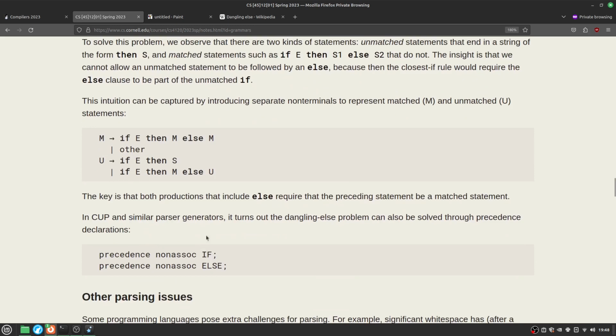The key is that both productions that include else require that the preceding statement be a matched statement.